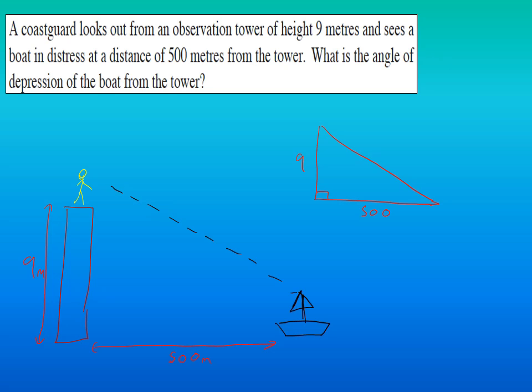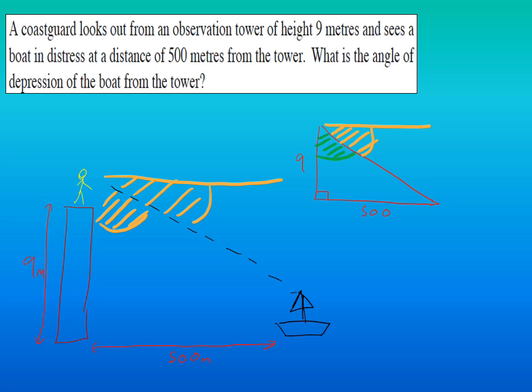Now, did you work out this angle as your angle of depression or this angle? Remember, angle of depression is the distance downwards from the horizontal line. So actually, I want to work out this angle, but this angle will help me. 90 degrees, take away the angle of the green part, will give me my answer.